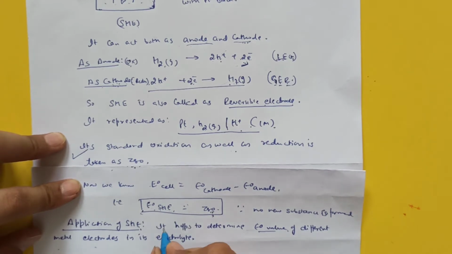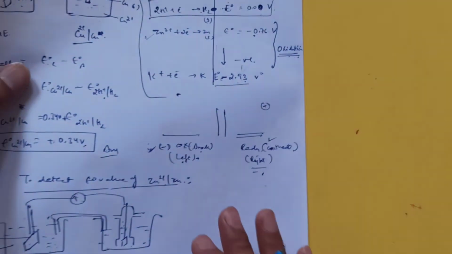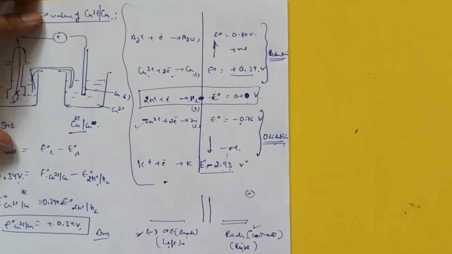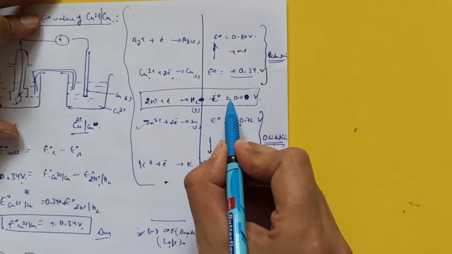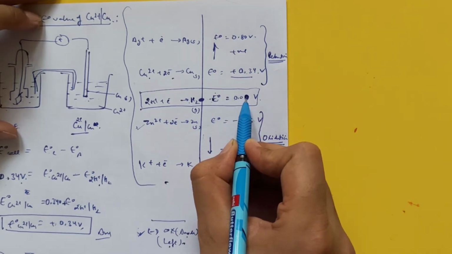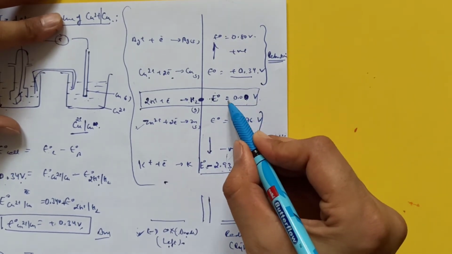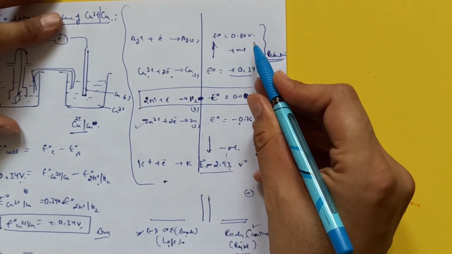Now the next step is to know how it helps to determine E0 value of different metal electrodes in their electrolyte. To understand this, first revise the concept of electrochemical series. We know that in the electrochemical series the E0 value for hydrogen is 0, as we just found out, and it is taken as a reference electrode, because the metal electrodes which lie below it have negative E0 value, and those which lie above it have positive E0 value.